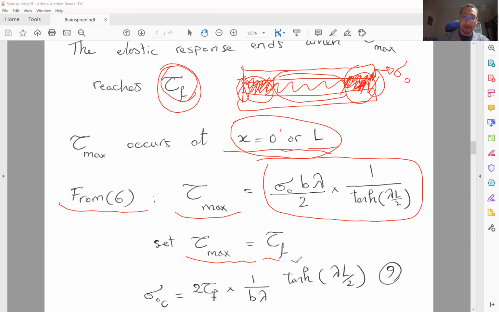And so that gives me sigma 0, C for critical. C for critical, that's the amount of sigma 0 it takes to induce the first point that deforms plastically.